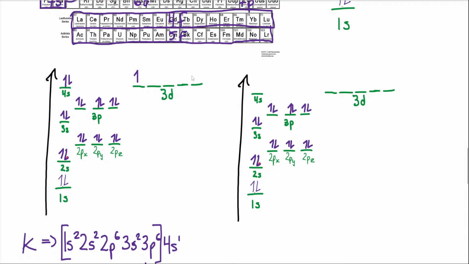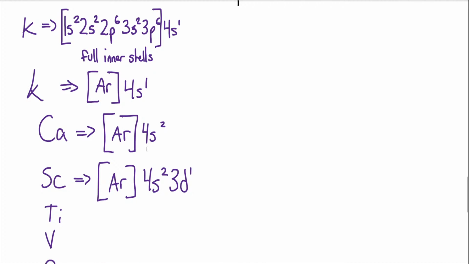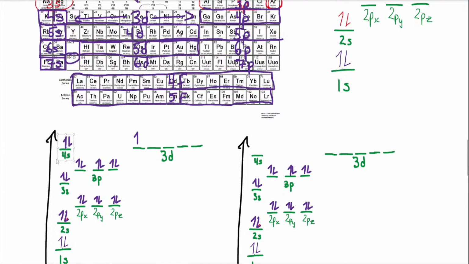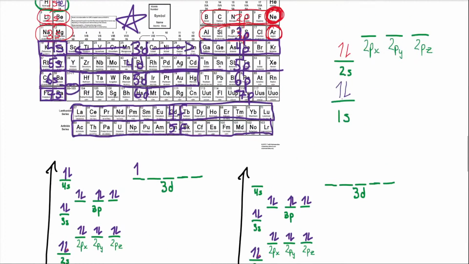Okay, so let's keep going, because there's going to be something funky that happens here, and it's related to that decision that led to 4s being there in the first place. We're at scandium right now, so let's add another one, titanium. Where's it going to go?